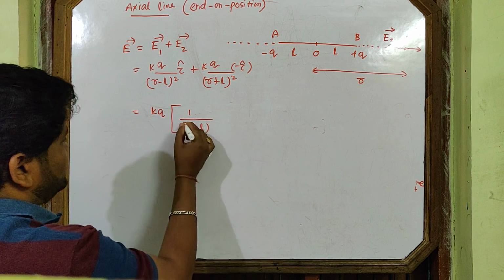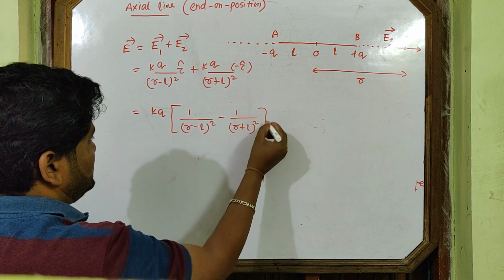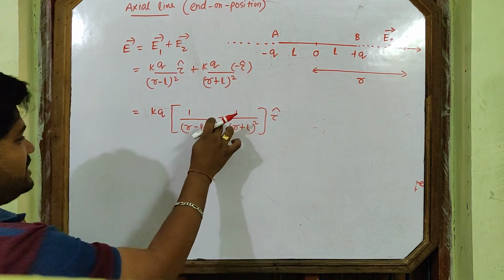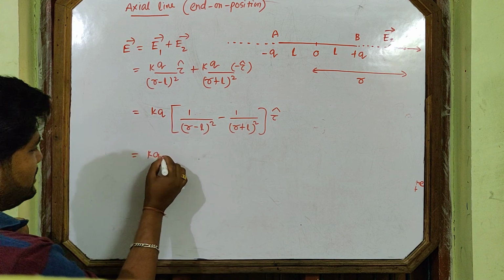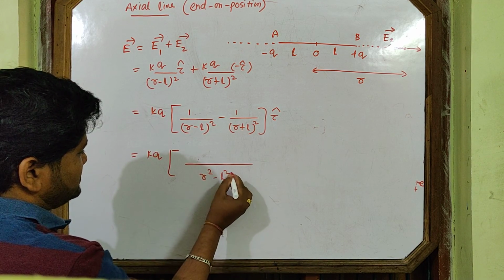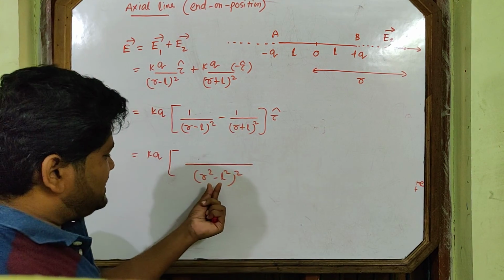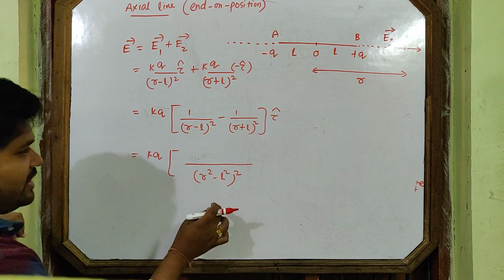KQ I am taking common, this minus sign I got here. Now take LCM, R square minus L square whole square. I did A plus B into A minus B, 10th class algebra, A square minus B square.